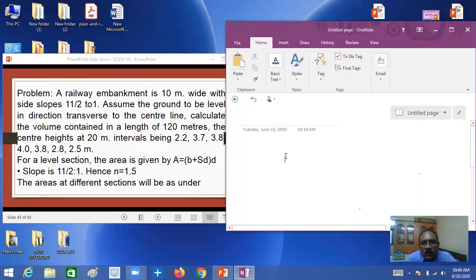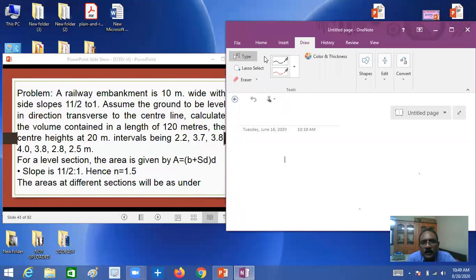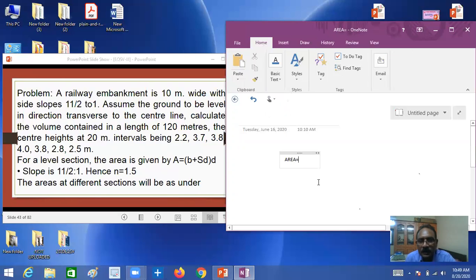Here, what is the formula to calculate the area? Area of cross section is equal to, you know, B D plus S D square.